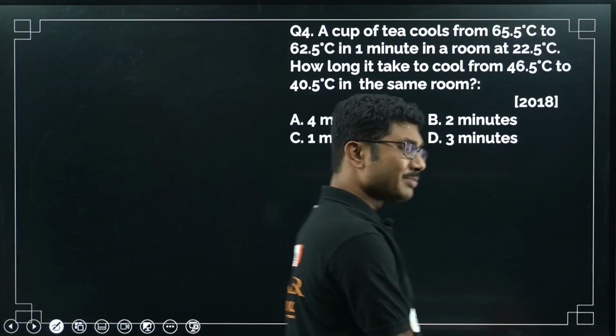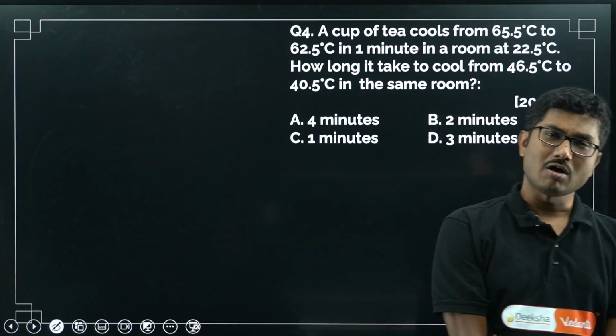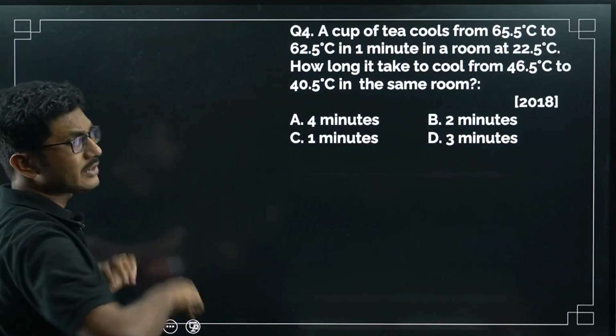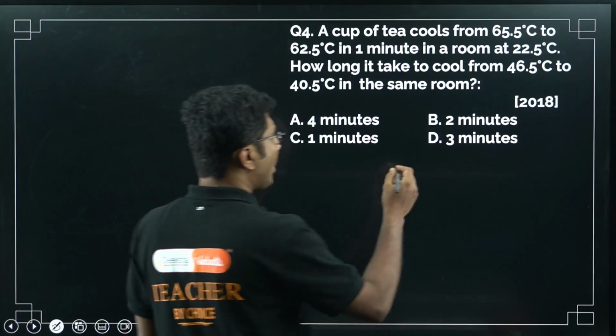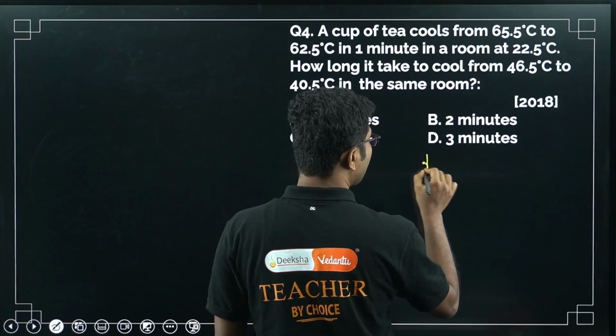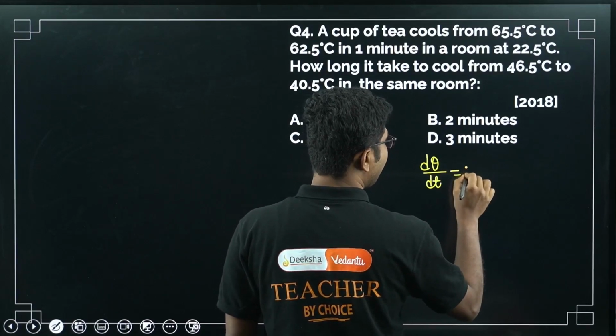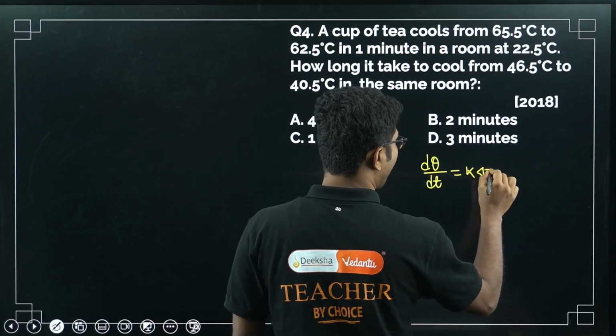Now this question is based on Newton's law of cooling. This is a little long, a little elaborate question, but it is very straightforward. What is Newton's law of cooling? If you remember, d theta by dt equals k delta T.